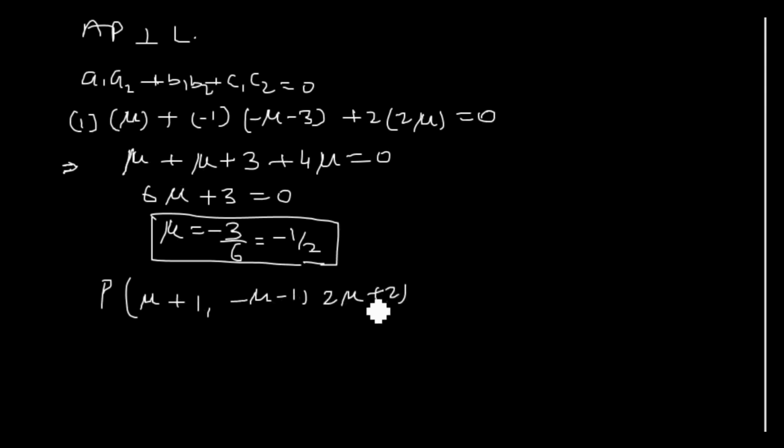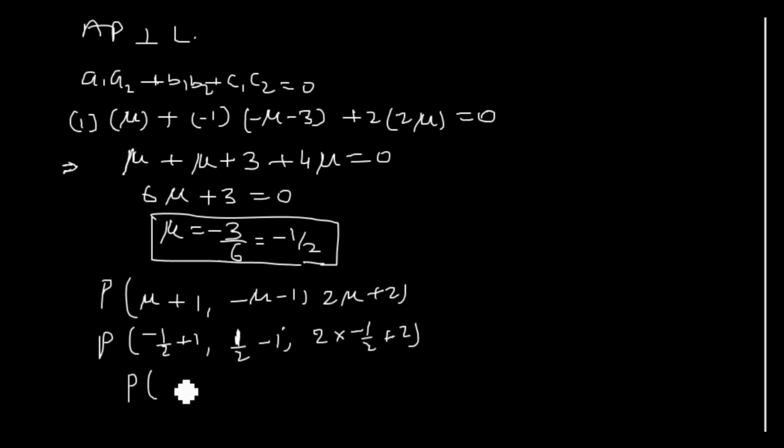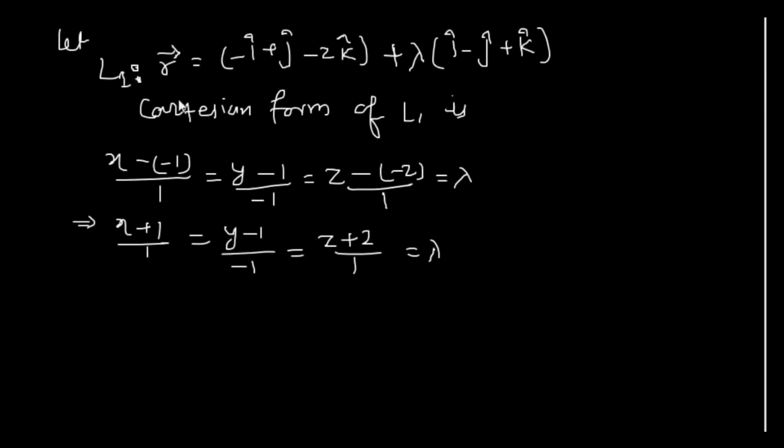Putting the value of mu, which is minus half: minus half plus 1, that is 1 by 2; plus 1 by 2 minus 1; and 2 into minus 1 by 2 plus 2. So thus we get 1 by 2, minus 1 by 2, and this cancels, so 1. So this is the point P, and we have been given another line, which is L1, and this is in vector form.